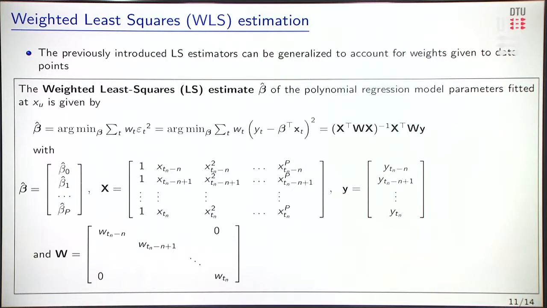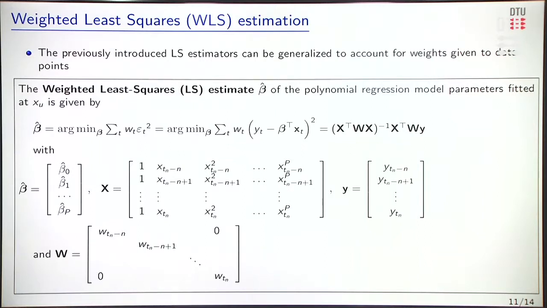When we have localized our fitting point, associated a kernel and defined some weights to the different data points, we can generalize the use of least square estimation and then use weighted least square estimation. The point of weighted least square estimation is to account for these weights we've been giving to these data points.